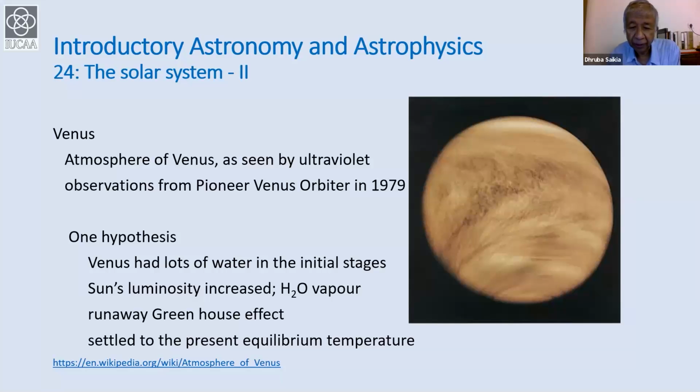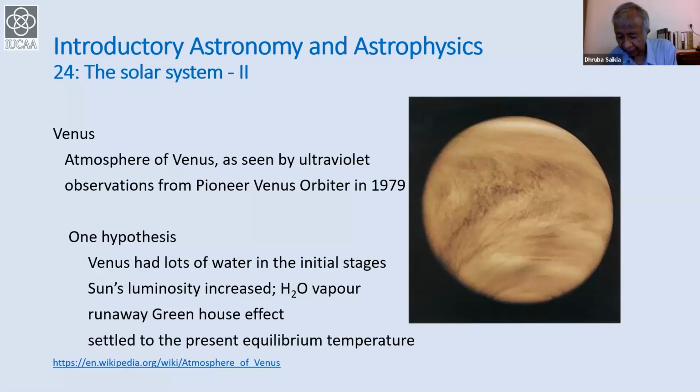Okay. Now, let me just ask you a question at this stage. When we want to measure the rotation of a planet, we look at one feature and we can see it moving and we record it. Now, when a planet like Venus is enveloped in gas and dust, how do we infer the rotation of the planet?